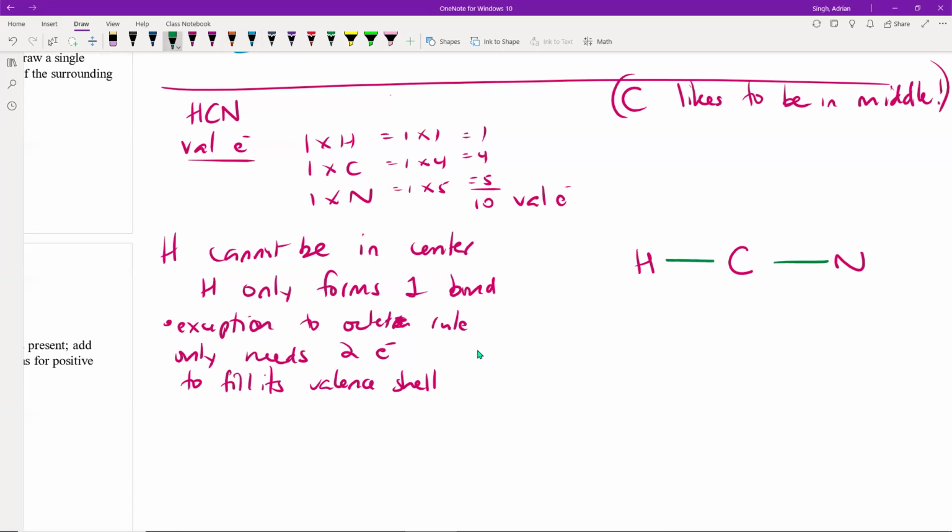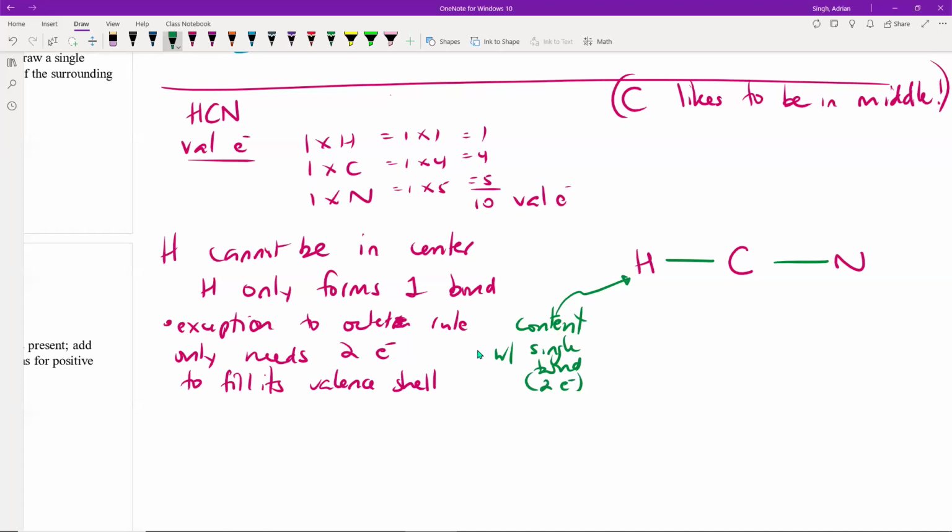And then we're going to make the outer atoms happy first by giving them enough electrons. We just said that the hydrogen here only needs 2 electrons. Right now, it has those 2, so it's already happy. It's content with a single bond, which is 2 electrons.